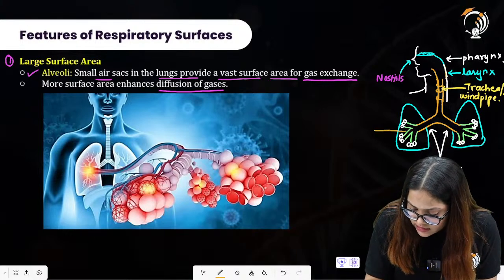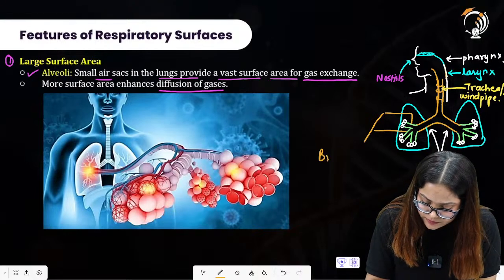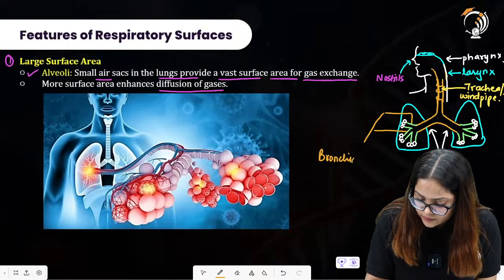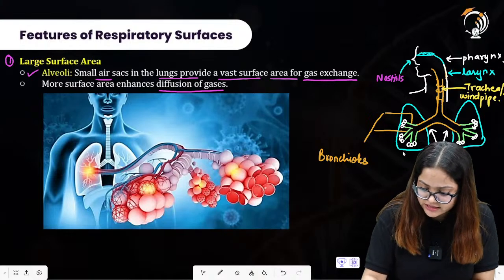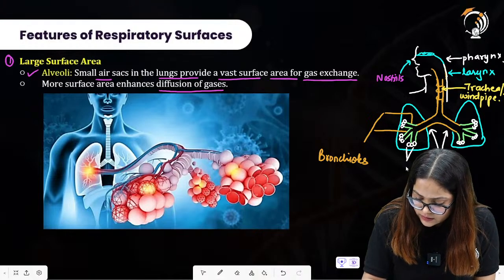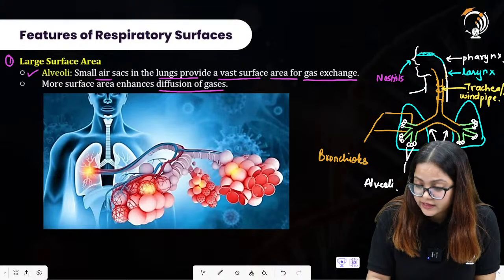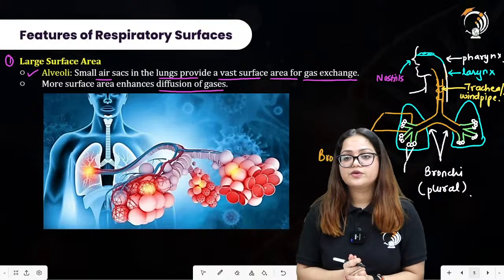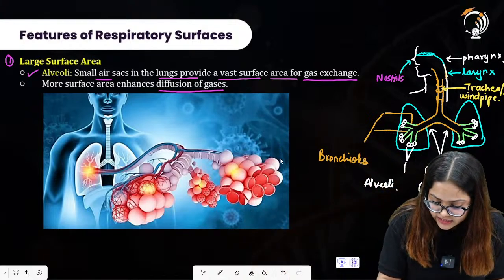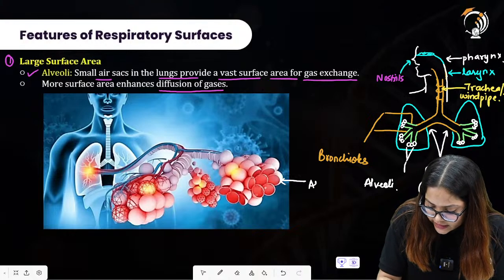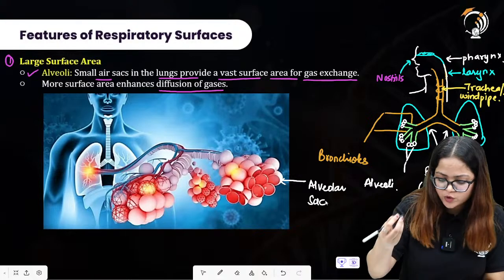So these structures here are bronchioles. These bronchioles are going to terminate into alveolar sacs. These are alveoli. You can have a glance at that. These are the alveoli here, the alveolar bag, or you can call it the alveolar sac.